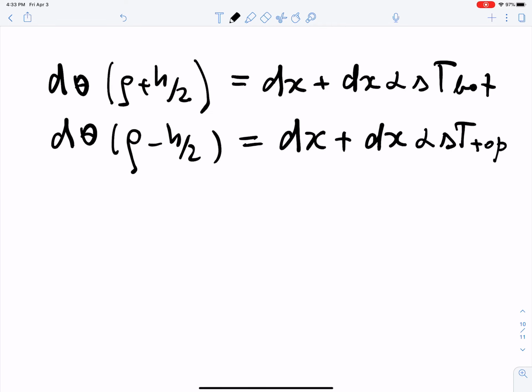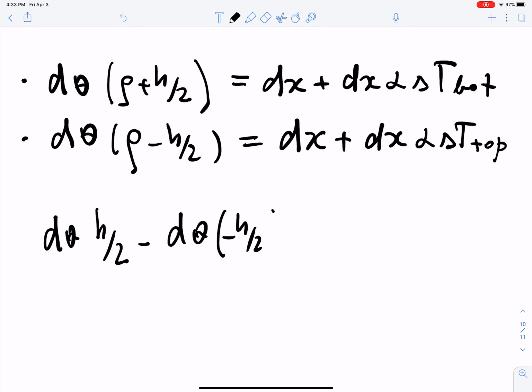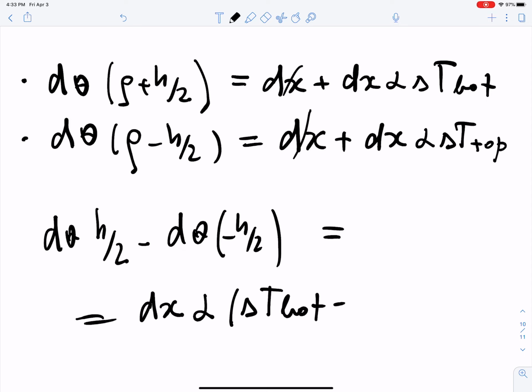So then what can I do? I can take this one and subtract from it this one. So I get d theta h over 2 minus d theta times minus h over 2 equals, dx is going to kill dx, and then I can write dx alpha times delta t bottom minus delta t top.